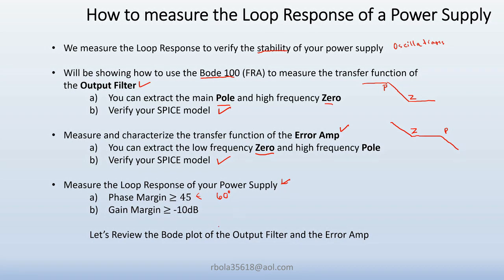I prefer that. And then your gain margin should be greater than 10 dBs, or negative 10 dBs, so if you have greater than that, then you should be fine. These are the specification requirements: at least 45 degrees at the bare minimum, and negative 10 dBs minimum for your gain margin.